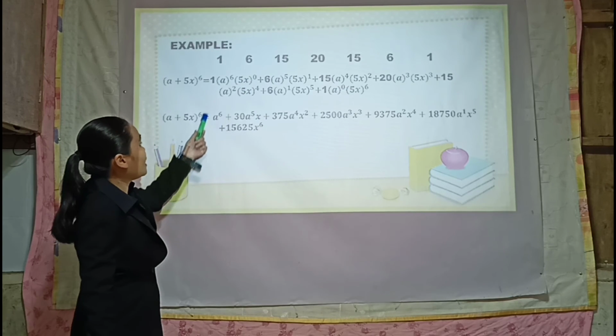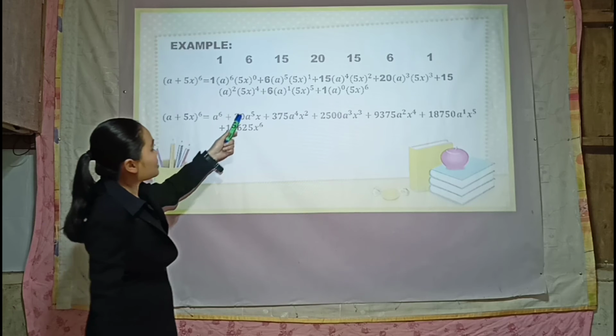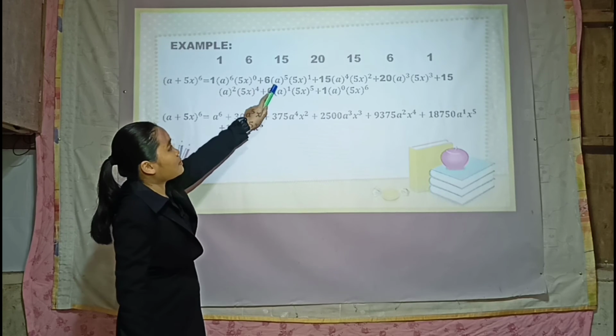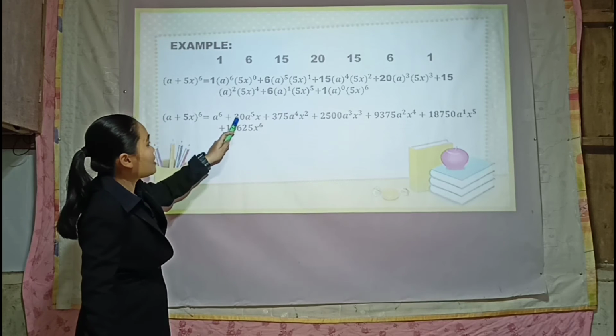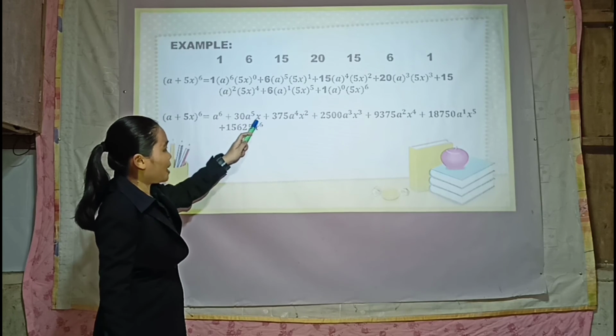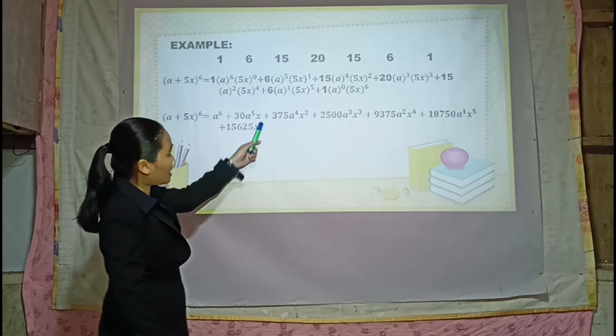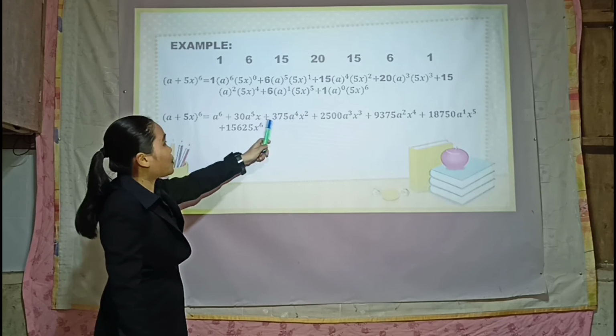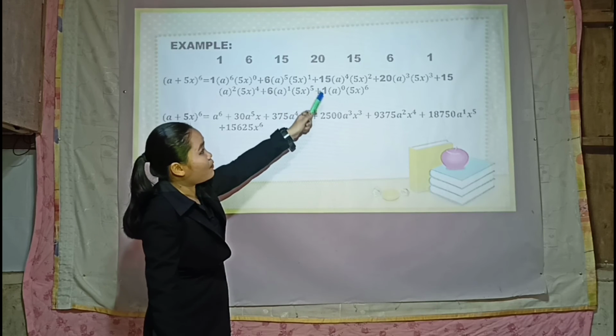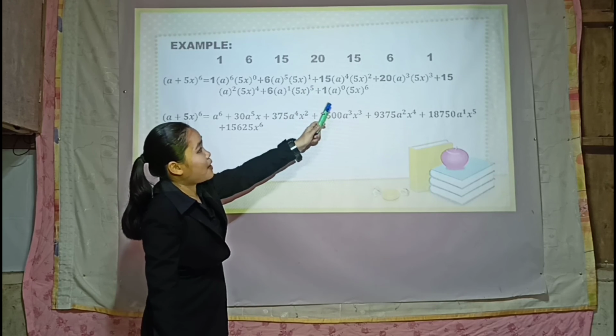So, we have a raised to 6 plus 6 times a raised to 5 times 5x raised to 1. The answer is 30a raised to 5x plus the product of 15 times a raised to 4 times 5x squared.